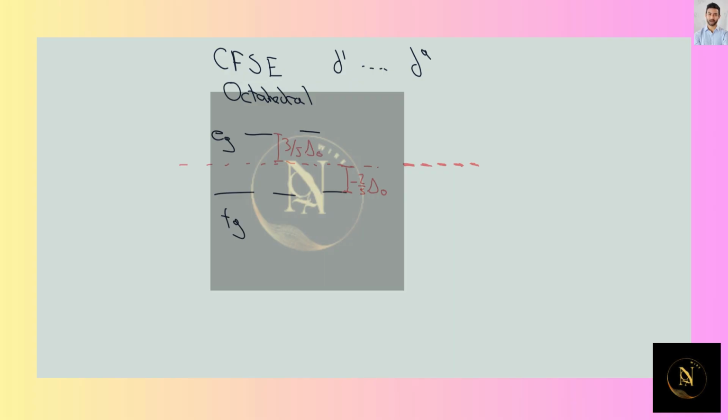So for a D1 compound, the crystal field stabilization energy would be equal to directly minus 2 fifths of delta naught. For D2, we're going to have twice this amount, so minus 4 fifths of delta naught.